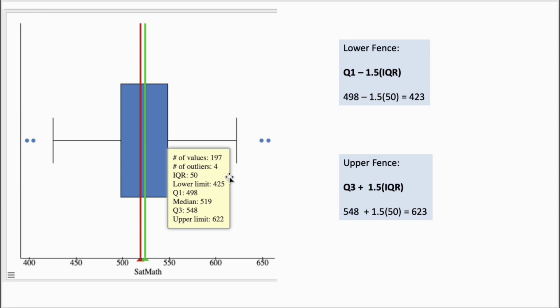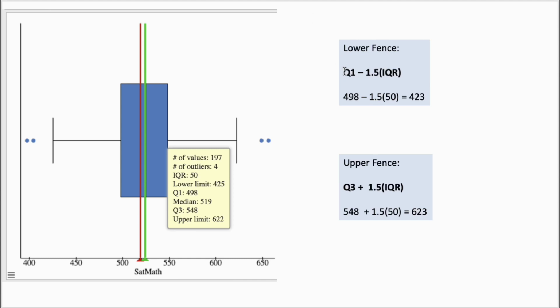So it tells you there are 4 outliers in SAT math scores, that the IQR of these SAT scores is 50. It tells you what Q1 is. It tells you what Q3 is. And this lower limit and upper limit isn't really relevant. It's not the fences.